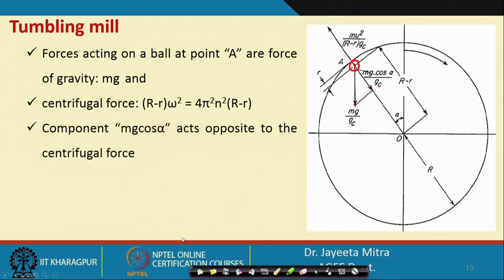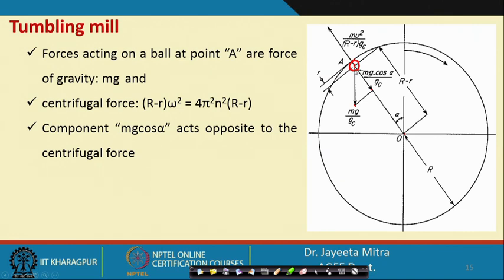Omega equals 2 pi n, so we can write 4 pi square n square into (R minus r), and the component of the gravitational force, mg cos alpha, acts opposite to the centrifugal force.